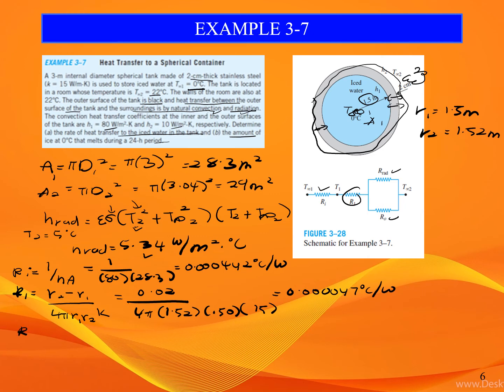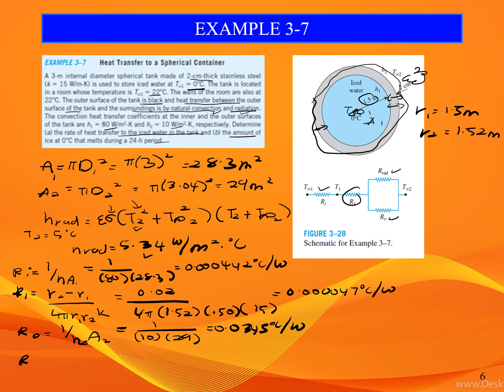So for Ro, we calculate Ro first. So Ro is 1 over H2 times A2. Here we have H2 10 times 29 meter square. The answer would be 0.0345 degree C over watt.